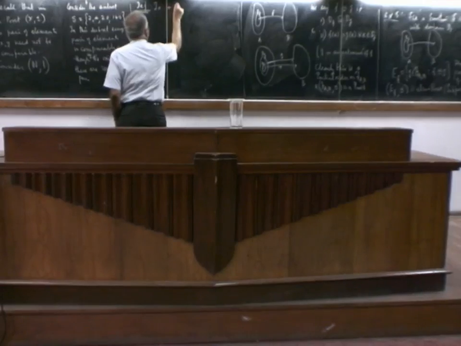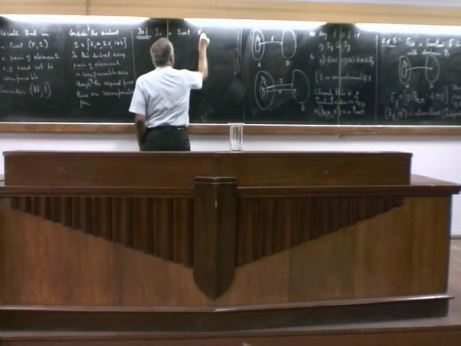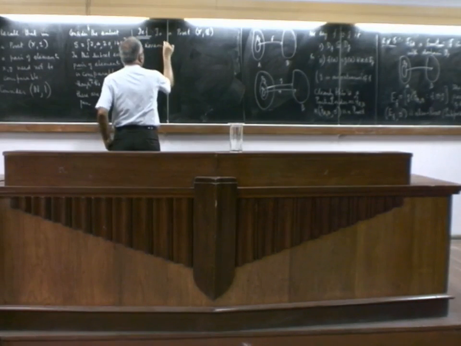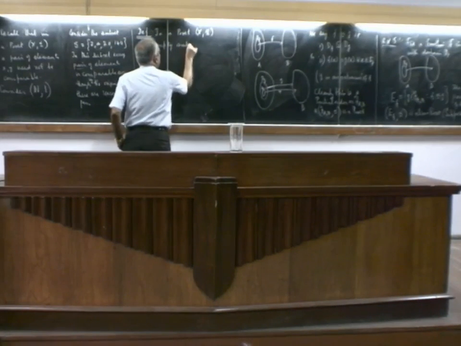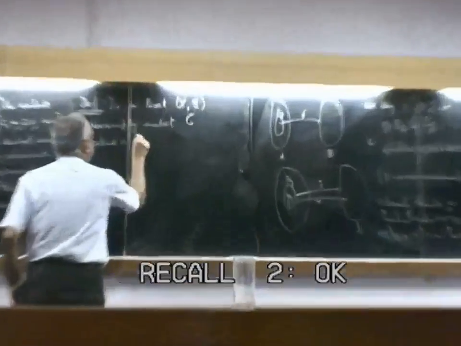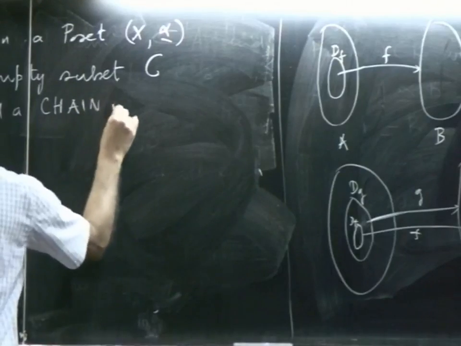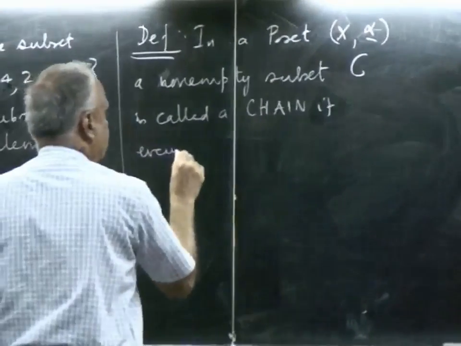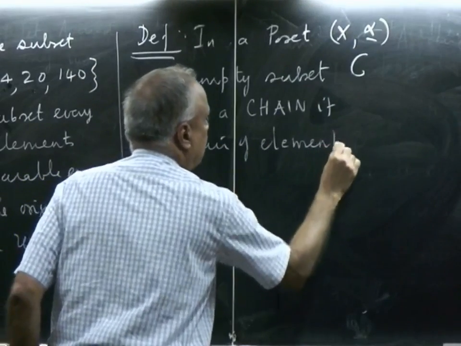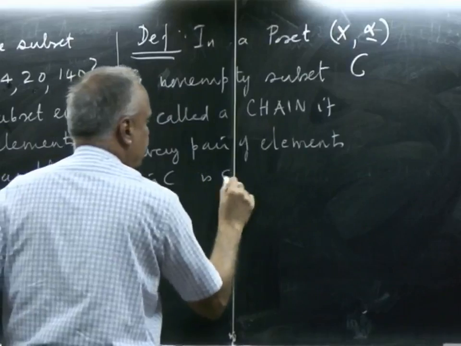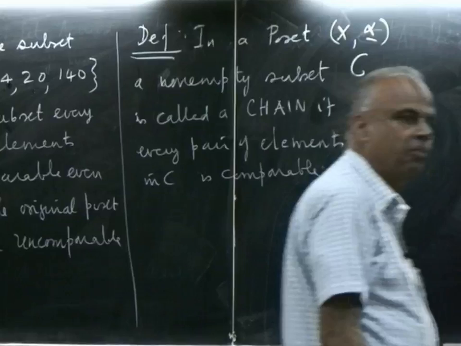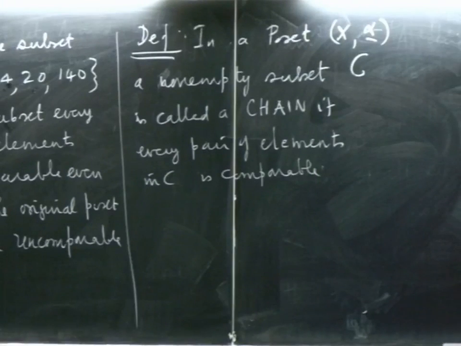In a partially ordered set, a non-empty subset C is called a chain if every pair of elements in C is comparable.